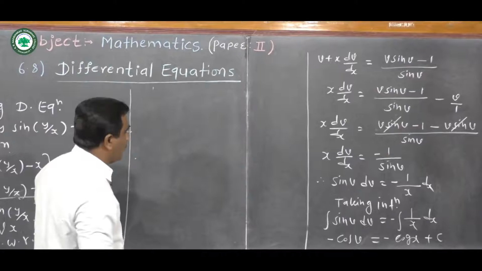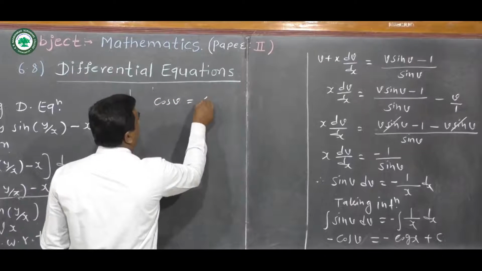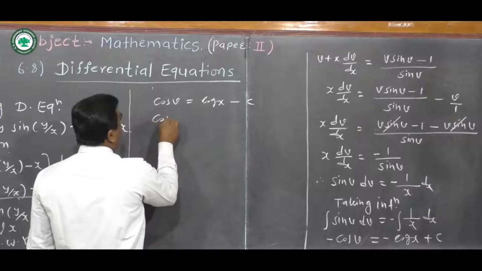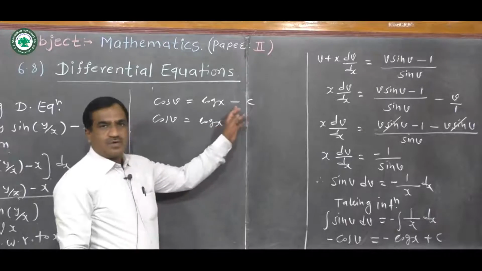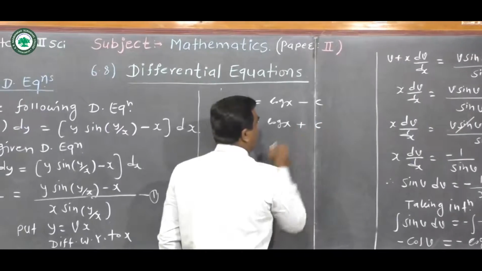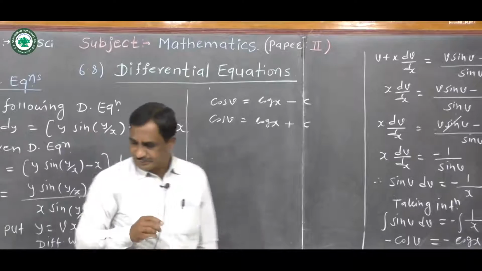Multiplying by minus 1, we can write here cos v is equal to plus log x minus c. That is cos v equal to log x, and constant of integration minus c can be written in the form plus c.